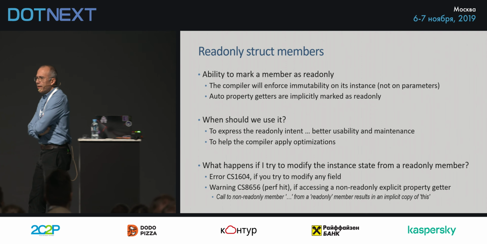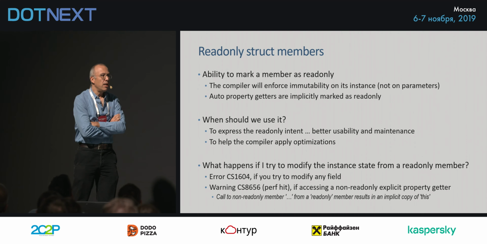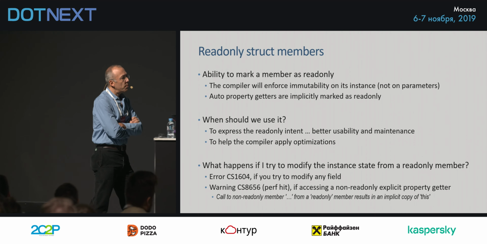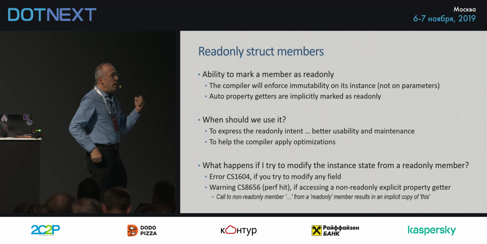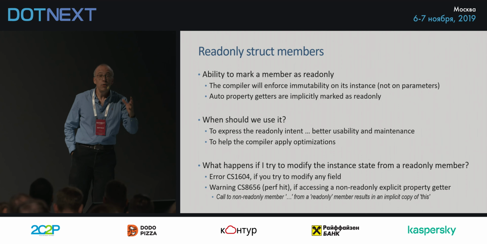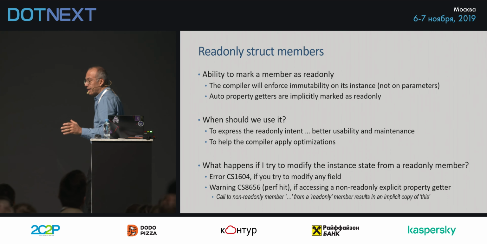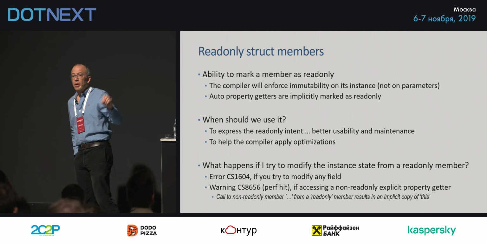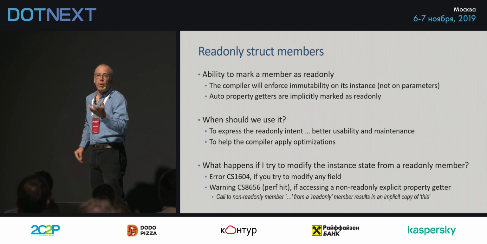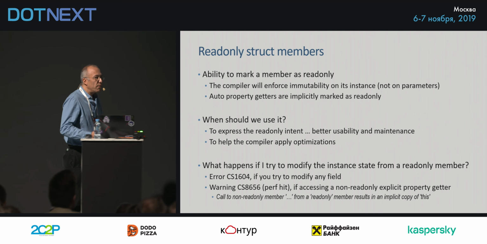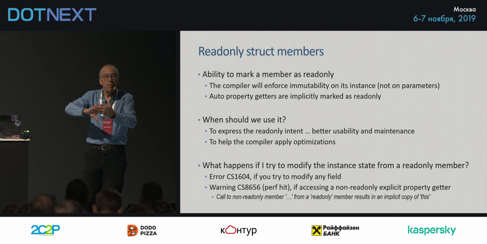After all the revolution that we had with references and read-onliness in C# 7, there was a missing feature. So we had the possibility on value types, so on structs, to mark the entire value type as read-only. This is important because the value type usually gets copied when you pass it as a parameter.